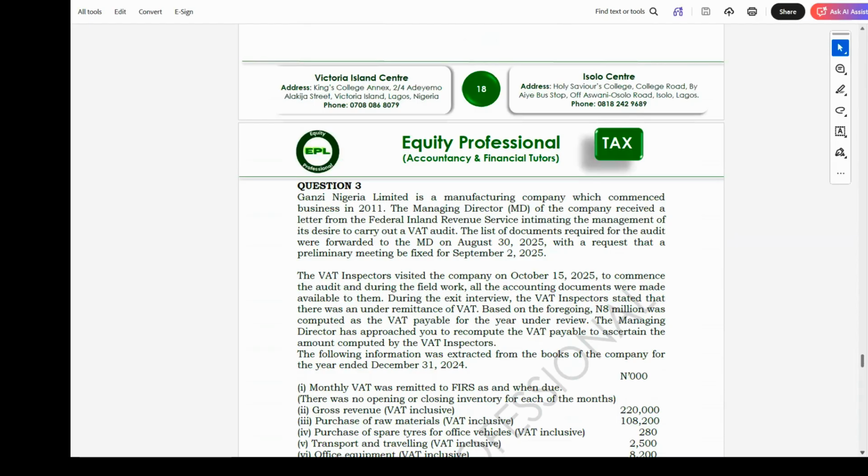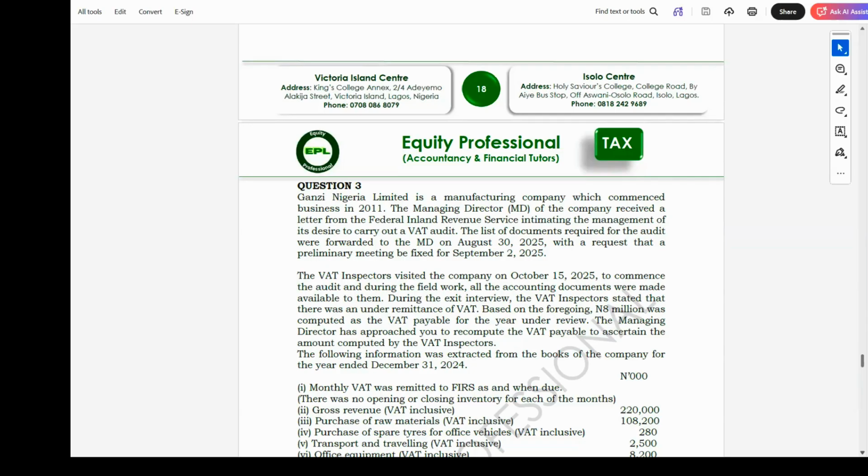The managing director of the company received a letter from the Federal Inland Revenue Service intimating the management of its desire to carry out a VAT audit. The tax authority has a right to do what is called a VAT visit, VAT drive, VAT audit, and VAT investigation. For this one, they want to do a VAT audit.